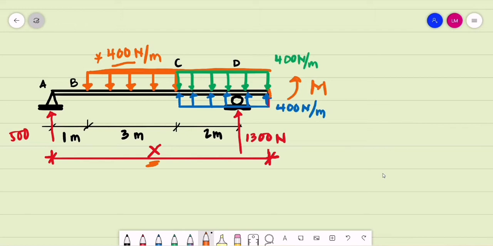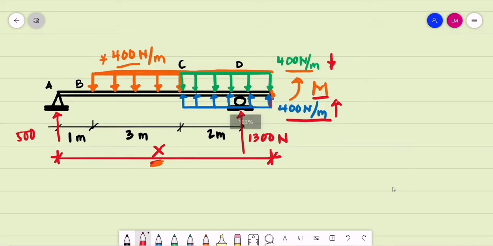So we are to extend this 400 newton per meter from point C up to our cutting section. But to nullify the effect of this 400 newton per meter, we are placing a 400 newton per meter upwards, just to cancel out. So again, the purpose is just to simplify how we express this 400 newton per meter in our moment equation in terms of x.